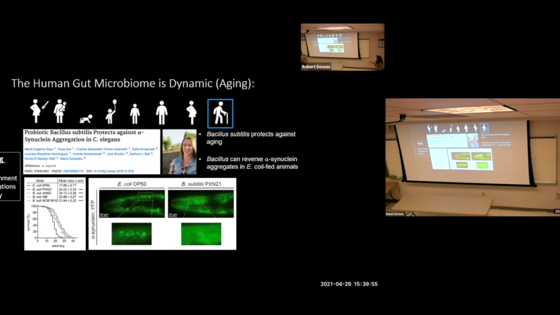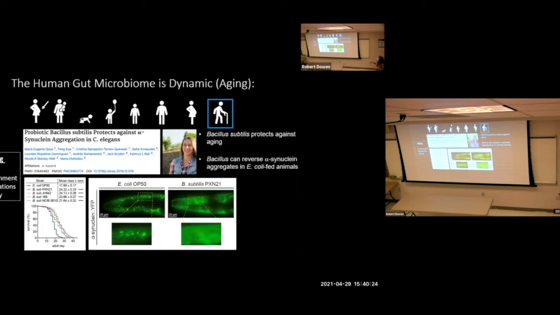Here you can see that animals that were eating Bacillus subtilis instead of E. coli are living significantly longer than those eating E. coli. In addition, alpha-synuclein aggregation is a sign of a phenotype of neurodegeneration. You can see that these animals have these plaques forming, and this is where a lot of neurons are in the worms.